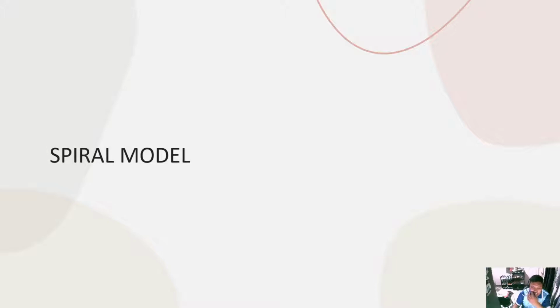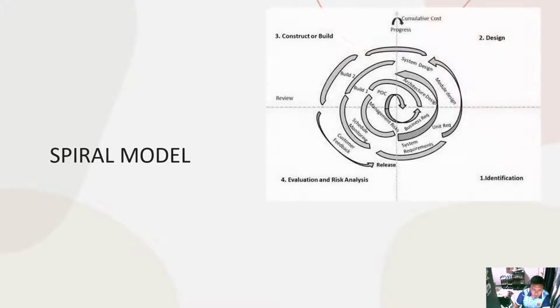Okay, then we have the spiral model. You can see the diagram. We have four phases, which we call the four quadrants. The first is identification, second is design, third is construct and build, and fourth is evaluation and risk analysis.